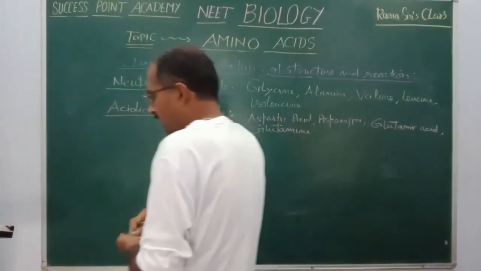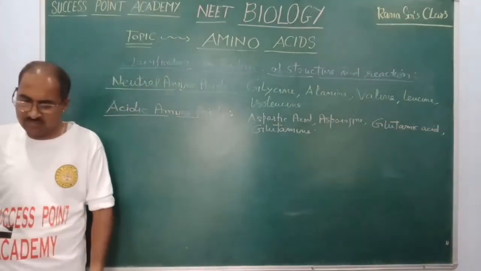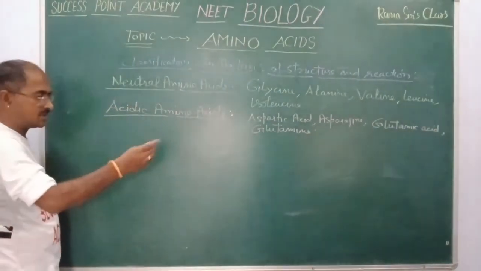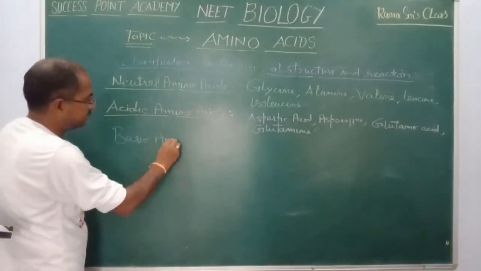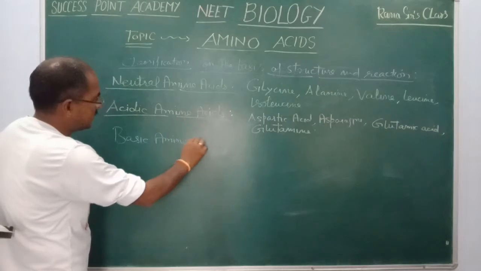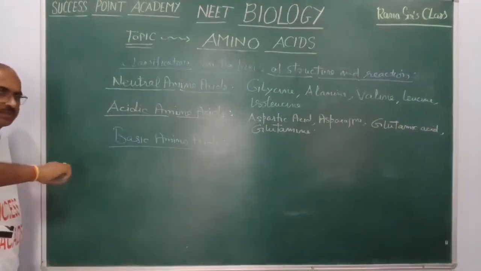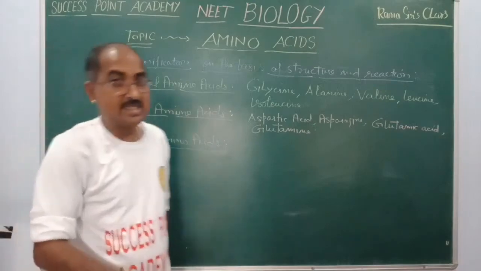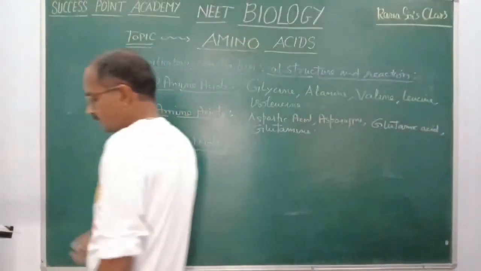Now I think the third category you can very well tell me: basic amino acids. Now what will be there in the basic? Yes, NH2 group will be more in number.